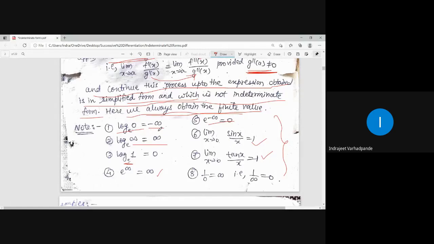Clear? Noted down the points. Finished completely?